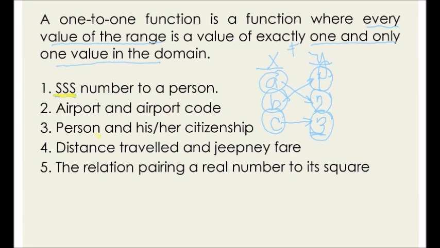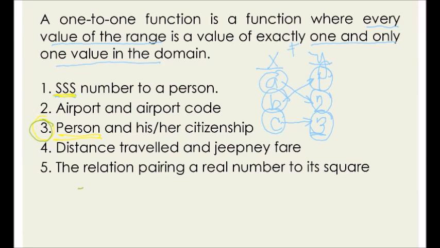So, a person can have two citizenships. So, for example, if you are born in the US or in any other country, you can take up that citizenship. So, for example, you are born in Japan, you may become a Japanese citizen. At the same time, you are also a Filipino. So, this relationship is not considered as one-to-one because a person can have two citizenships.